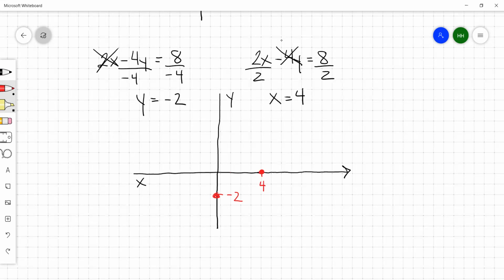And connect your points. And there's your graph of 2x minus 4y is equal to 8.